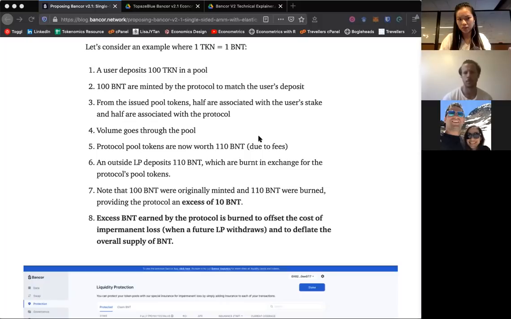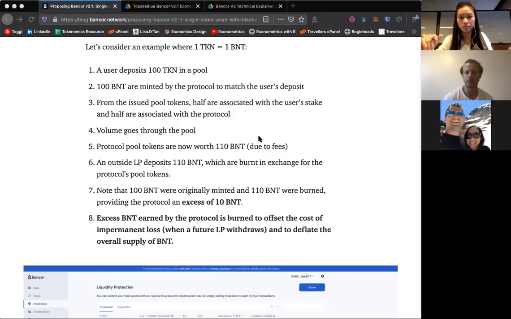Well, it's not to reduce the volatility, it's to reduce the price pressure, because price pressure adds volatility to the value of BNT. And by having existing BNT holders come in to provide liquidity, you are reducing this price pressure, which helps to reduce volatility in the long run of the BNT token.